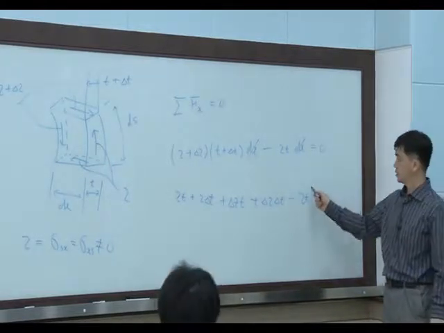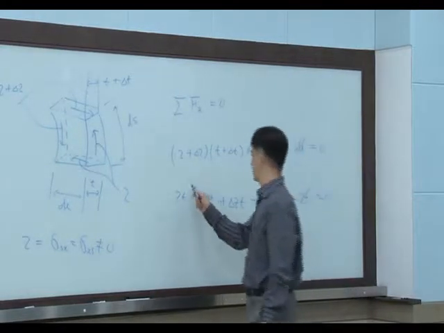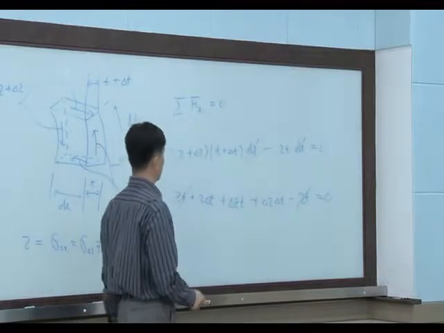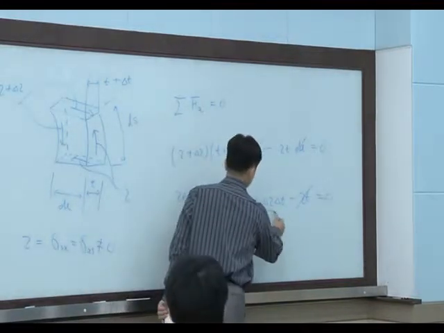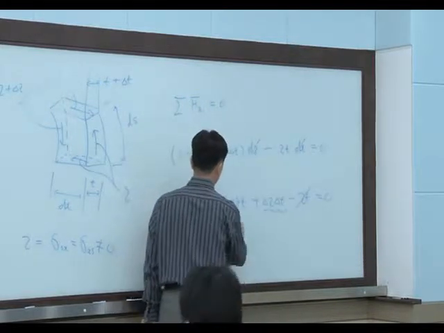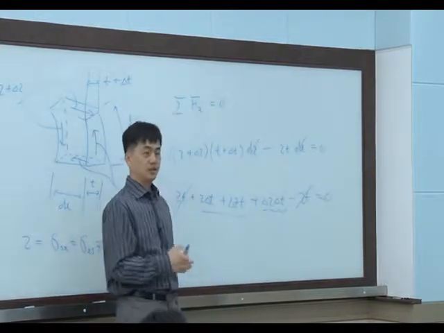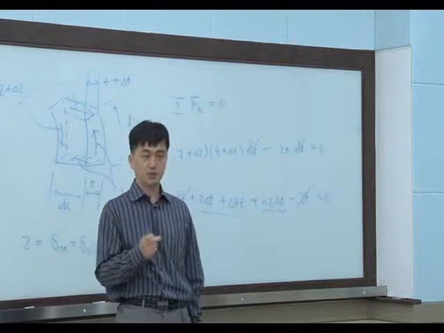Here we have the same thing, tau t here and here. And delta tau delta t is much smaller than the rest, since both are very small.